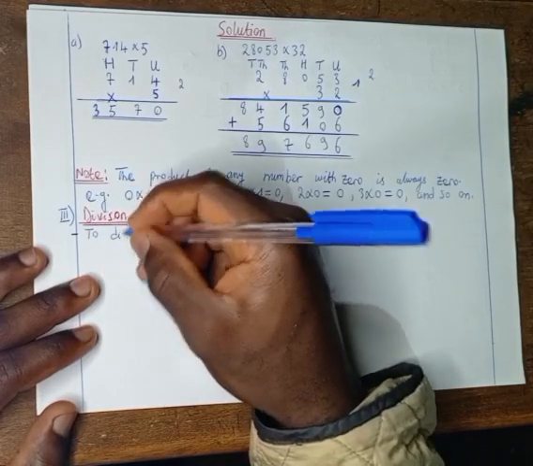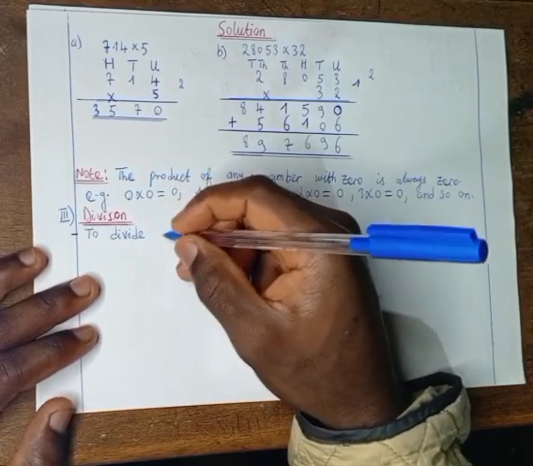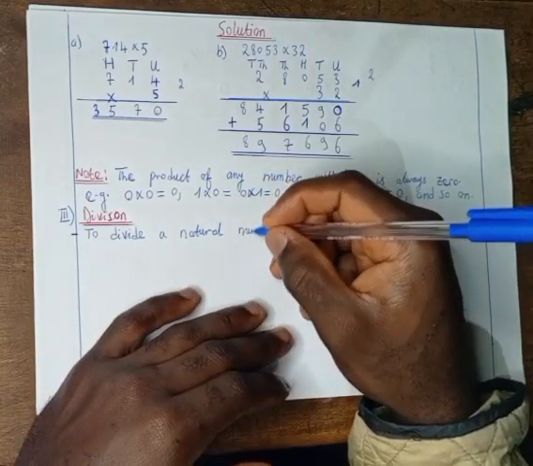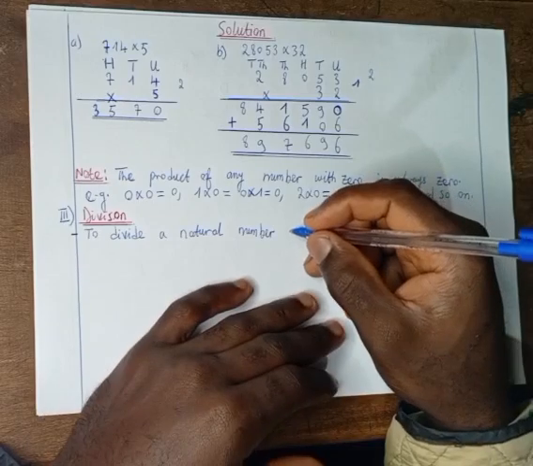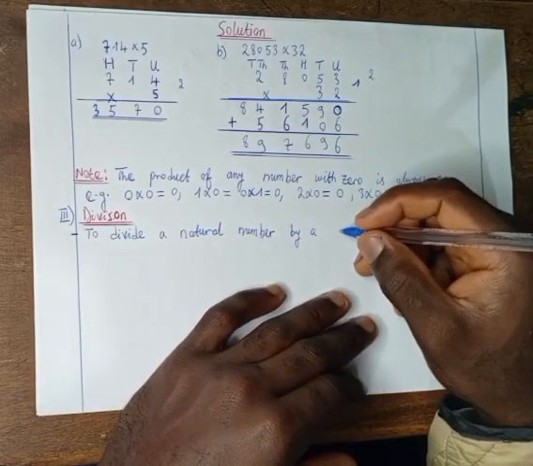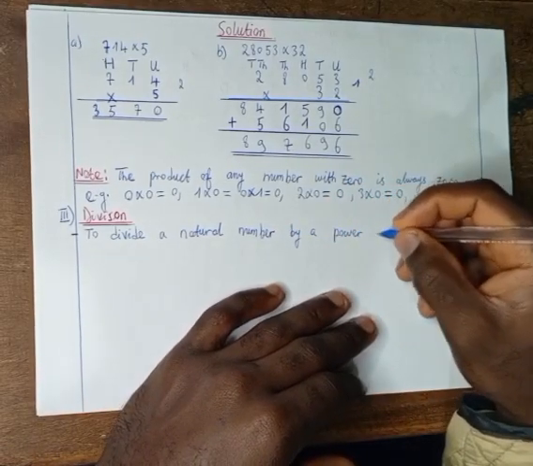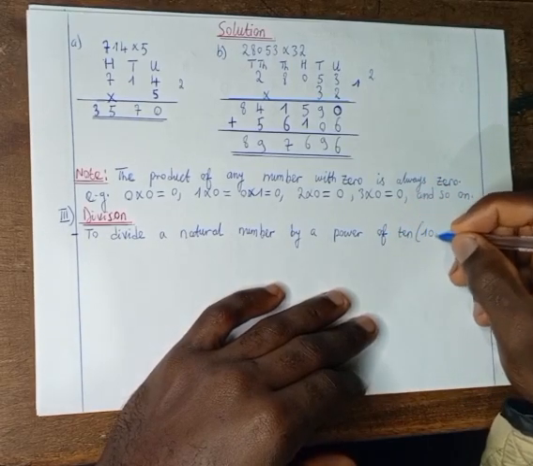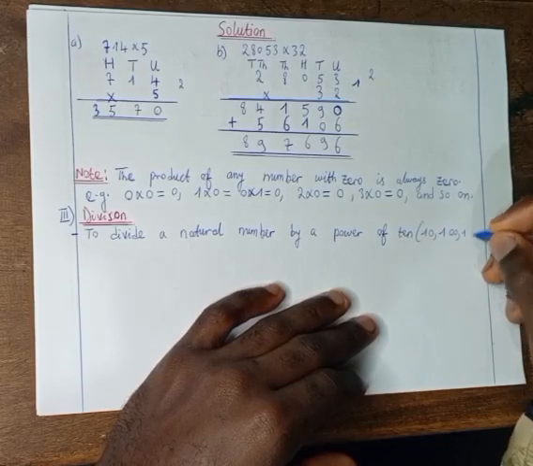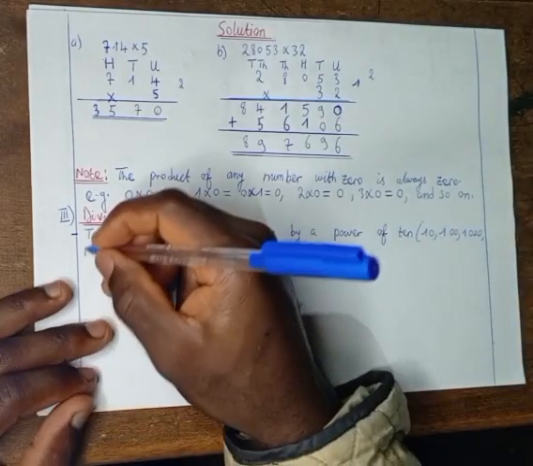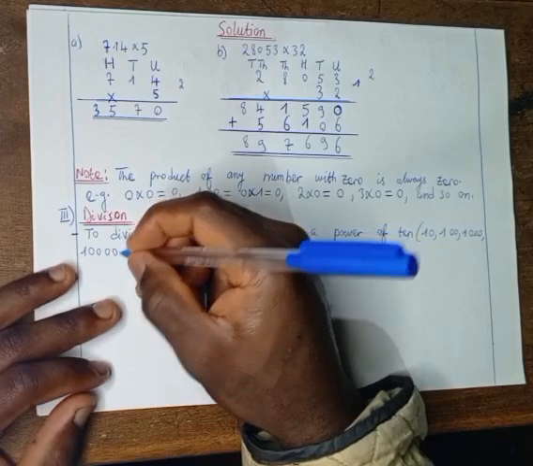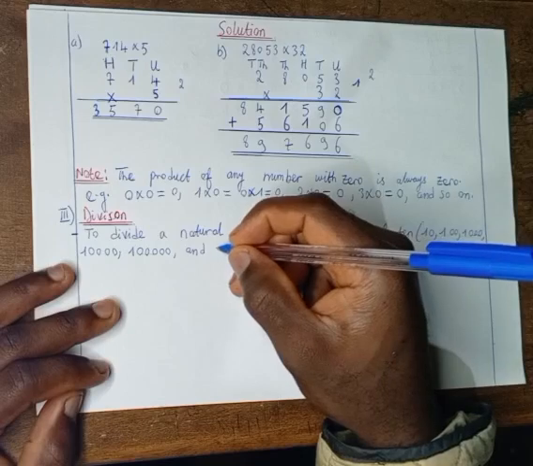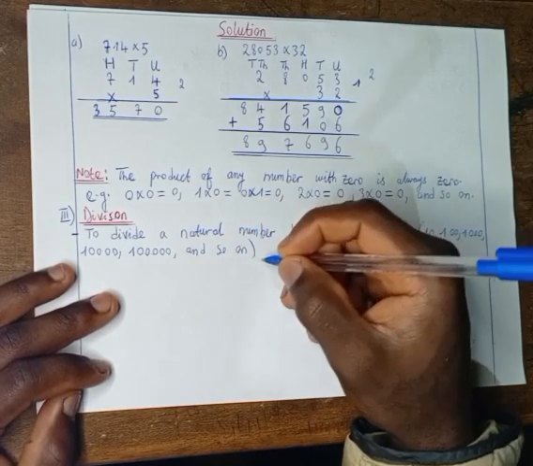To divide a natural number by a power of 10, the power of 10, we are referring to 10, 100, 1000, 10,000, 100,000, and so on. 1 million, there's 1 million too, and so on.